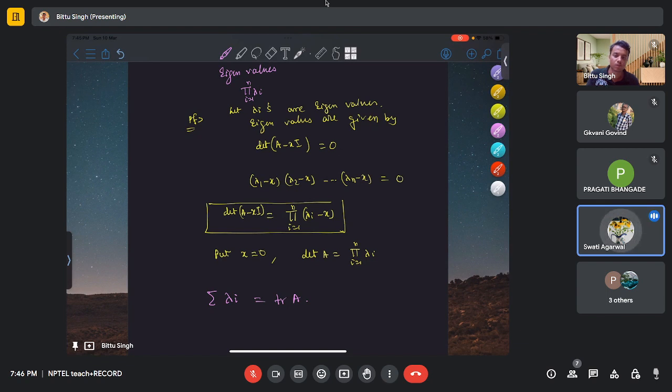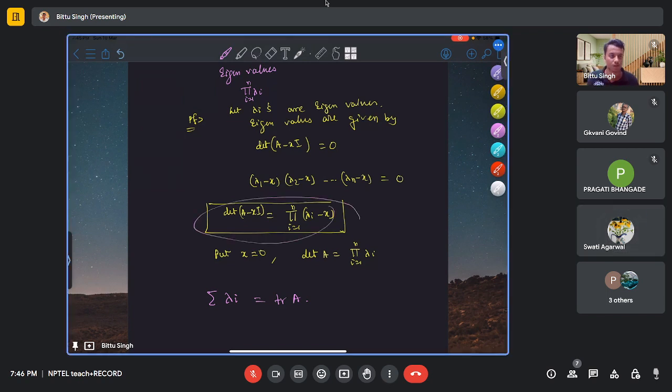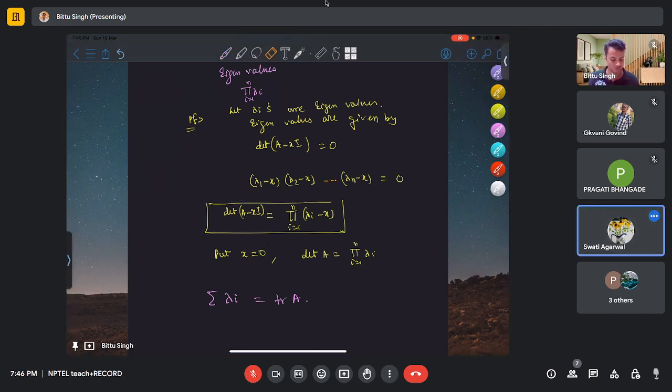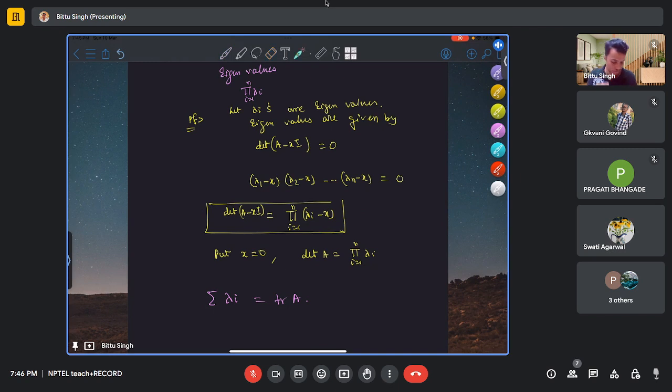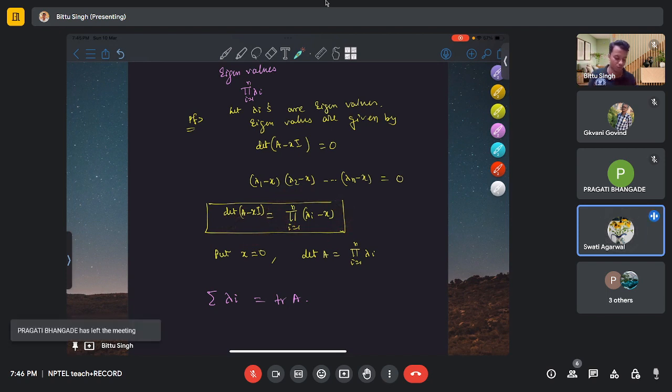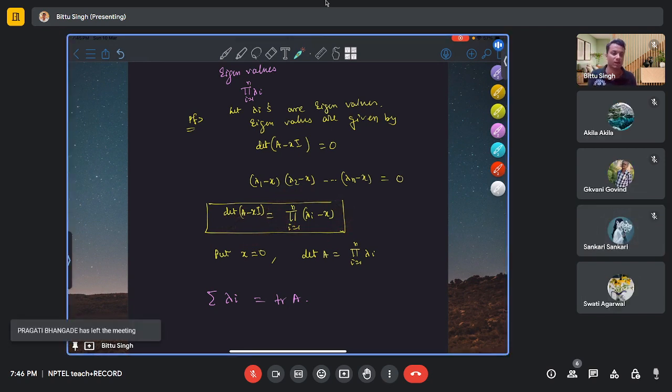So we are just making x 0 and then, yes, this is actually an equality. If you write it explicitly, it will become this thing. We are putting x equal to 0 on the left hand side and the right hand side.